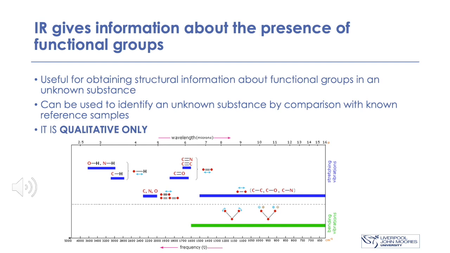This is useful for obtaining structural information about functional groups in an unknown substance, but it can also be used to identify an unknown substance by comparing its spectra with a reference sample. Infrared spectroscopy is a qualitative method only. You cannot measure how much of the drug you have with it.